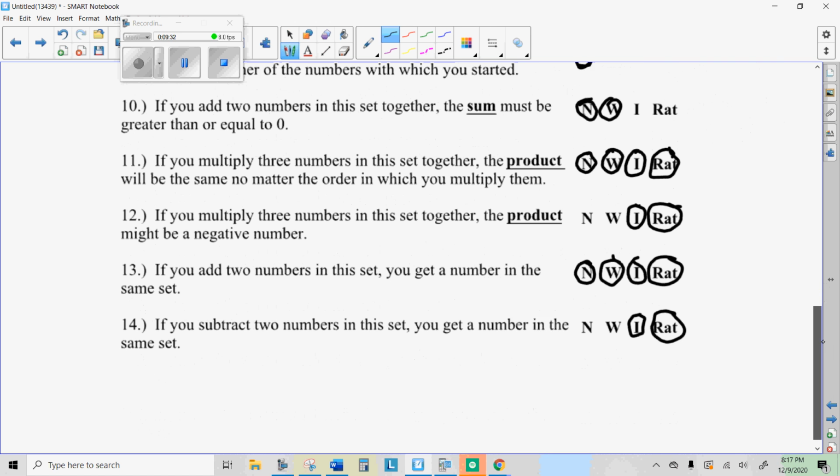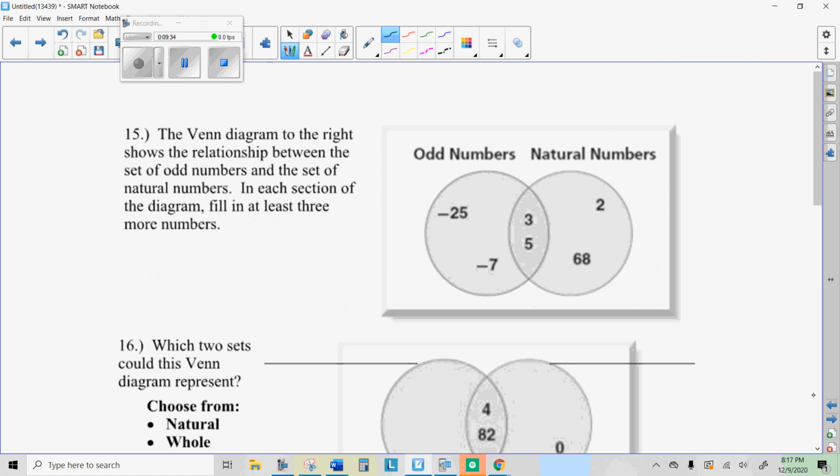All right, here's what I get for those. Okay, this thing called a Venn diagram we can use to show the relationship between numbers. Okay, we have things called odd numbers, so those are numbers that end with a 3, 5, 7, or 9. Then we have natural numbers, which are counting numbers. They start at 1 and go up from there.